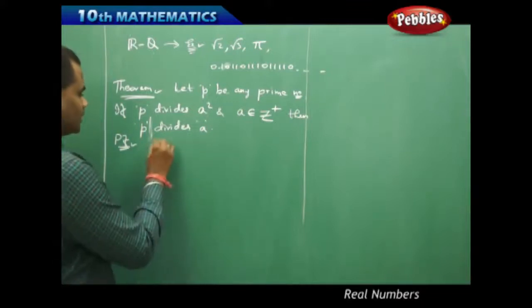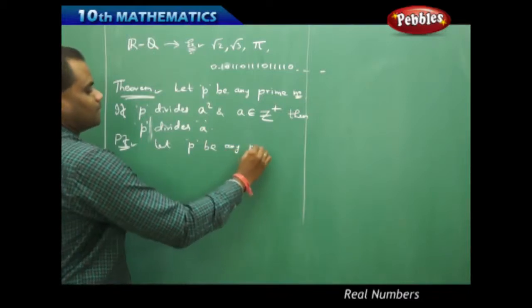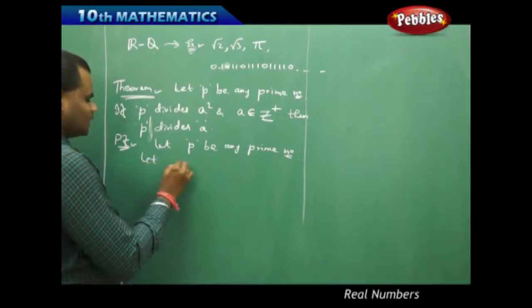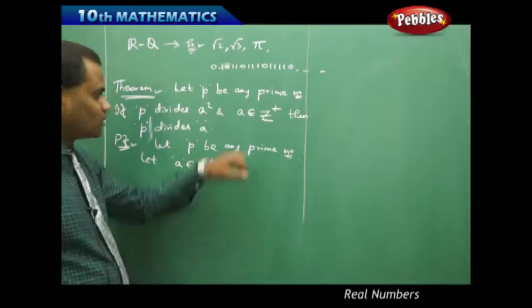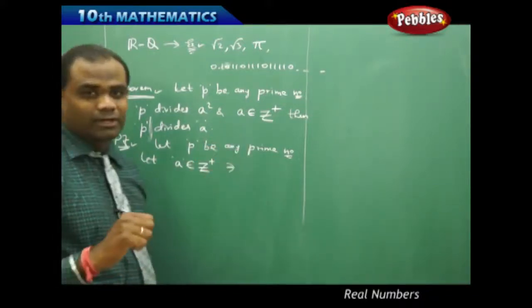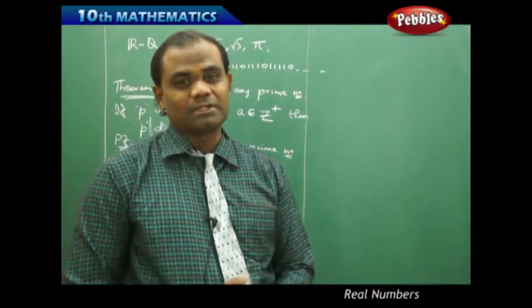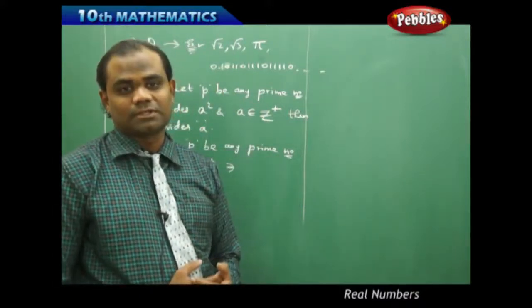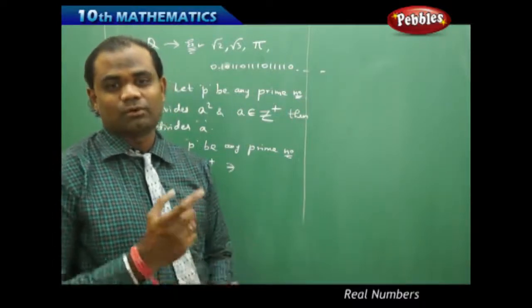To go with a short note on the proof of this theorem, let me start the proof. Let p be any prime number, then let a belong to Z plus, a positive integer. We have already discussed in the prime factorization method the fundamental theorem of arithmetic, which stated that every number can be expressed as a product of distinct or not distinct primes. It can repeat, but it should be a product of primes.